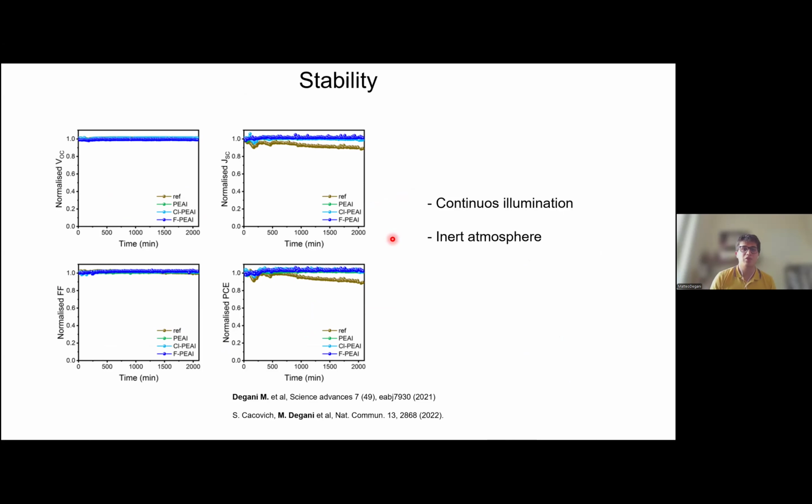But as it's possible to observe, with continuous illumination taking multiple JVs, in inert atmosphere, we can observe that after almost 2000 minutes, we have no losses in the passivated devices. Meanwhile, the reference cell starts to show a slight decrease in efficiency related to the drop in the current.